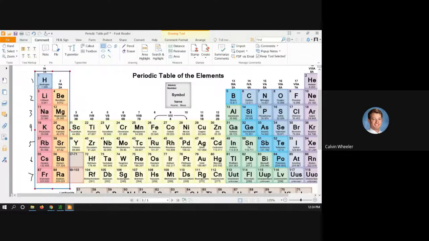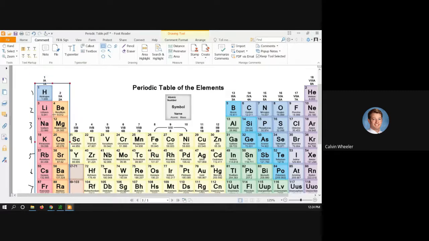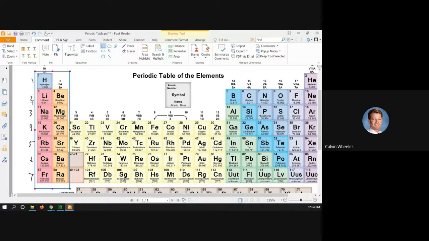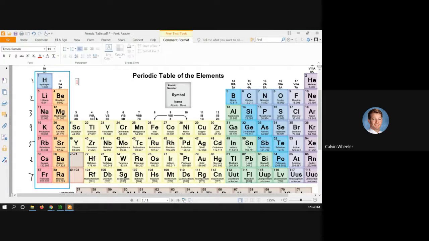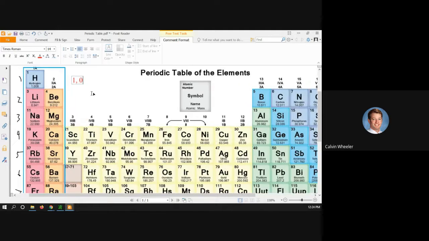Everything in this block has a second quantum number, an azimuthal number of 0. And I can assign the first two quantum numbers of all of these ones. So, for example, hydrogen, first energy level, so n equals 1, and it's an S-shaped orbital, so L equals 0. So those are the first two quantum numbers for hydrogen.